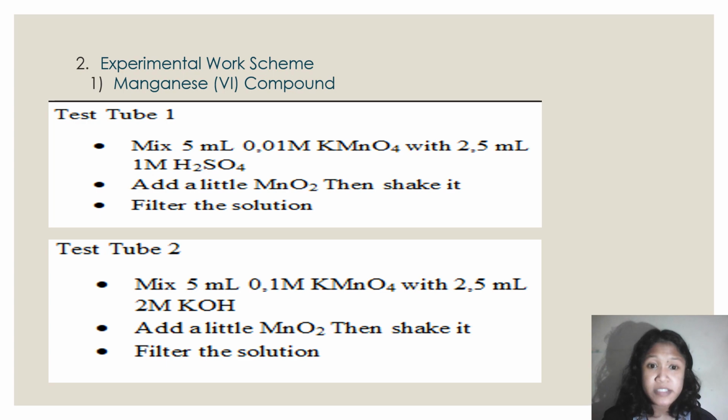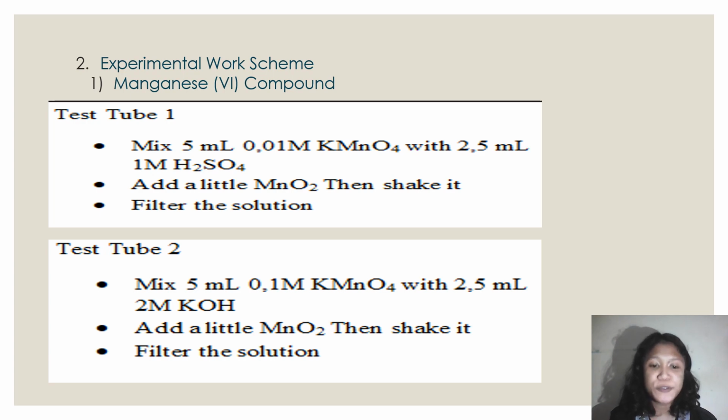Two, experimental work. Mangan 6 compound. Test tube 1: first, mix 5 ml potassium permanganate with 2.5 ml sulfuric acid. Second, add a little mangan dioxide, then shake it. Finally, filter the solution.